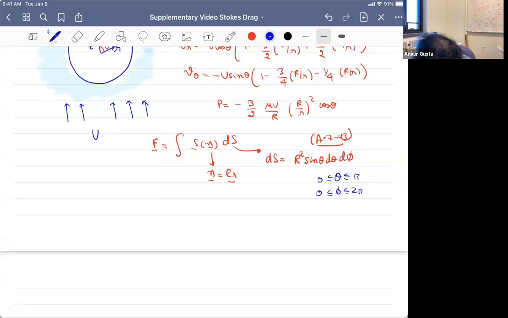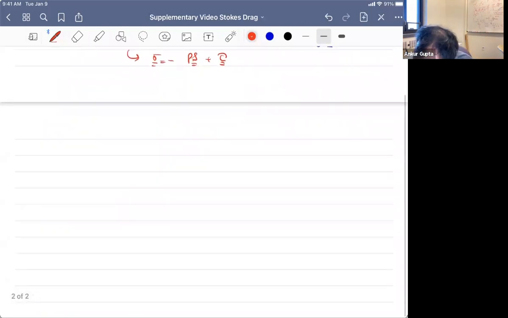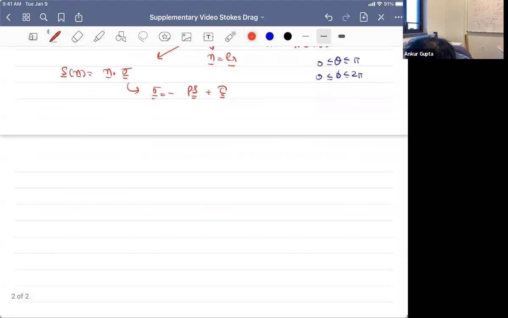All right, so then we have the stress vector. Recall the stress vector is given by n dot sigma, and sigma is given by minus p plus tau. Now here we don't have the phi direction, so we just have r and theta. It's a bit easier that way, as we can just make it a 2D matrix.